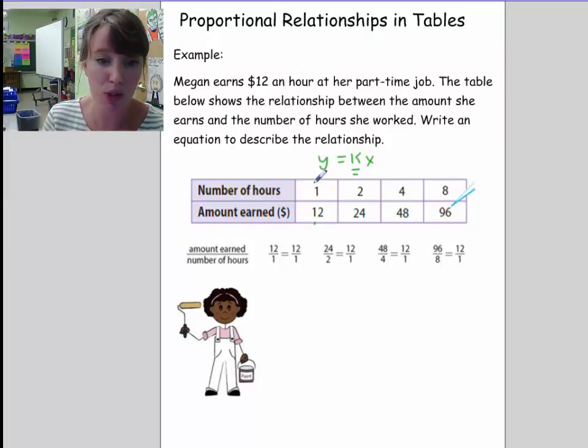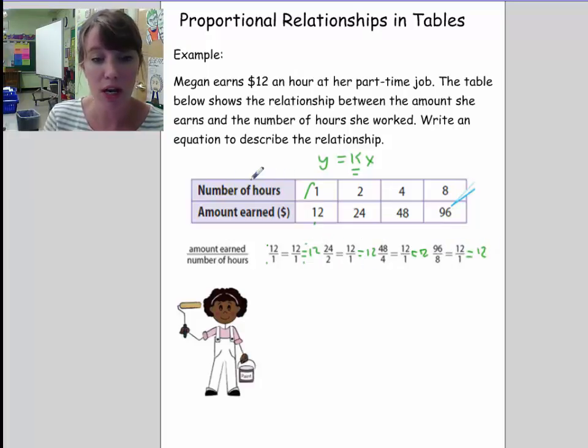Here we have 12 divided by 1, which is 12 over 1, which is also 12. The next one is 24, she earns $24 for every 2 hours, so that reduces to 12 over 1, or 12. The fourth one we have 48 over 4, which is 12 over 1, which is 12. And we have 96 over 8, which is 12 over 1, which is 12.